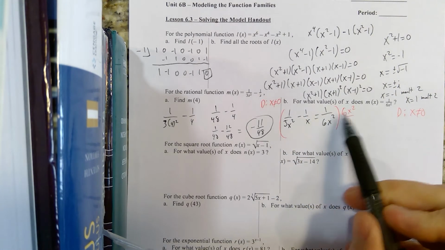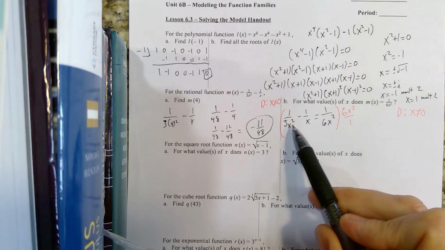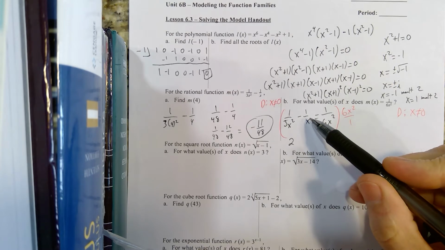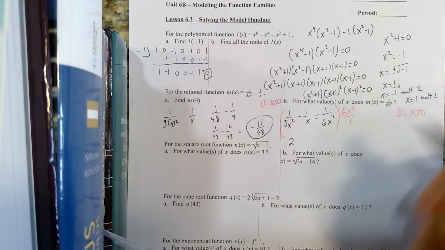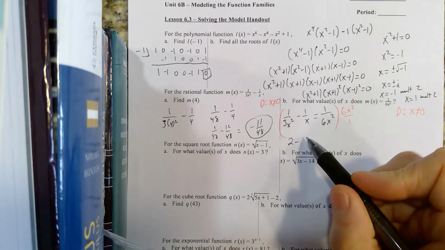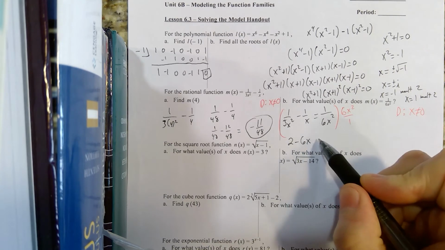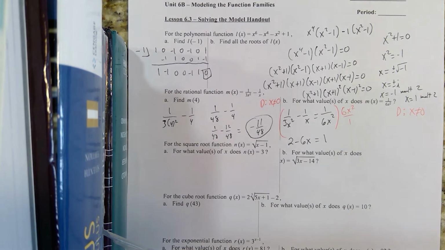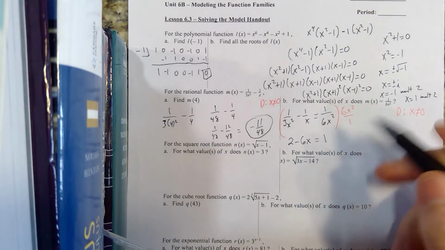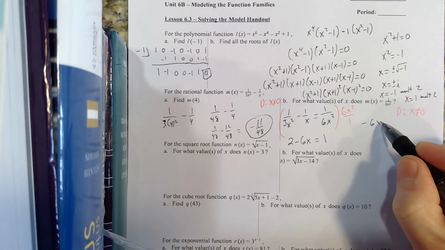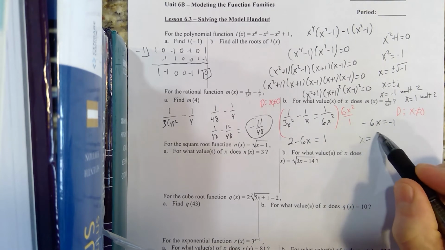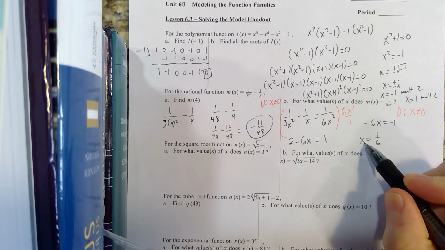So my first expression, 6x squared divided by 3x squared, well, that's just 2. 6x squared divided by x, that's going to give me 6x. And over here, I'm just going to have 1. Subtract 2. And I get x equals 1/6.